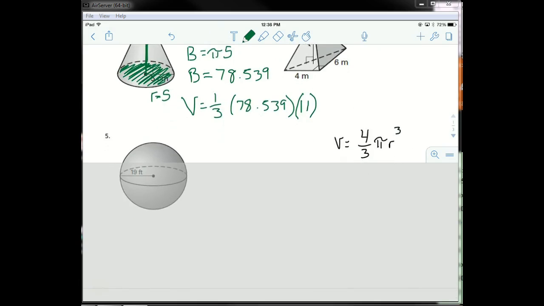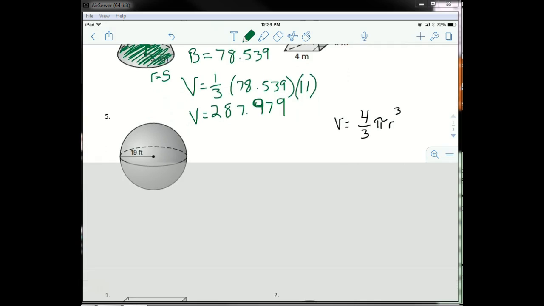And the volume of this cone, 287.979. Of course, we would round that 7 up to 9, then 9 will push this to 288 cubic centimeters.